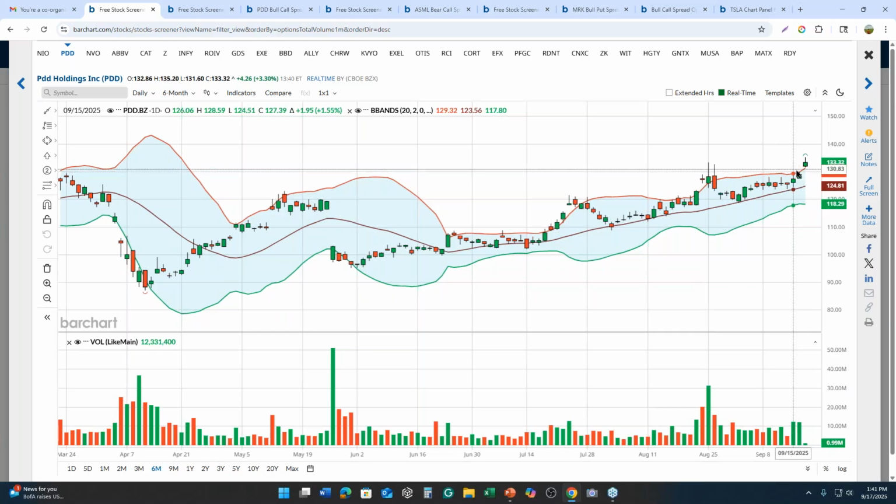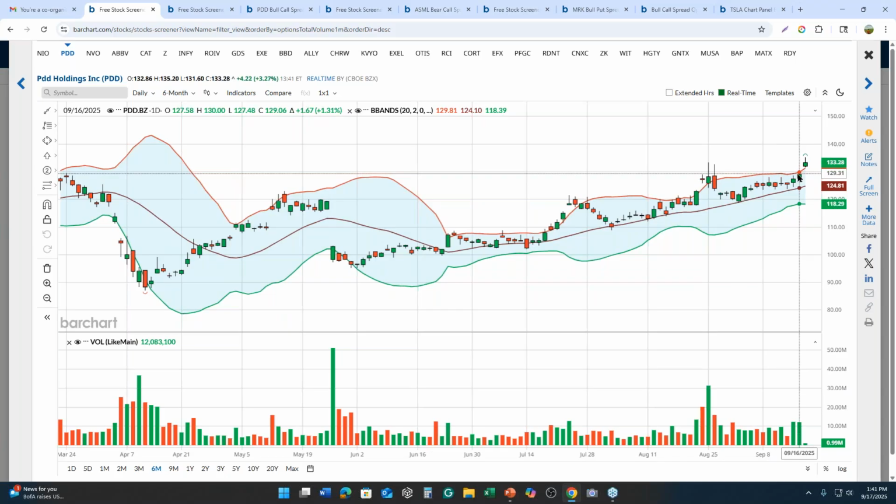So one technique you can use is you can look at the bandwidth before the breakout. In this case, if we look up here, the red being the upper and the green being the lower, it's a little bit more than $10. Looks like it's about $11.50.